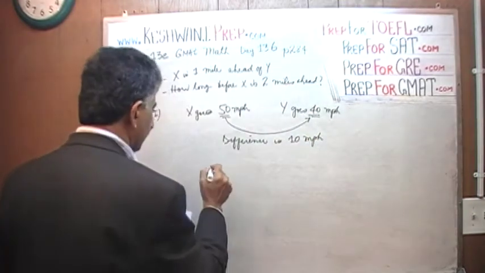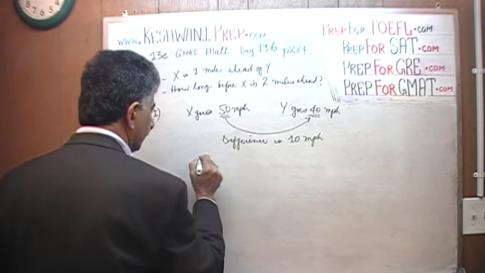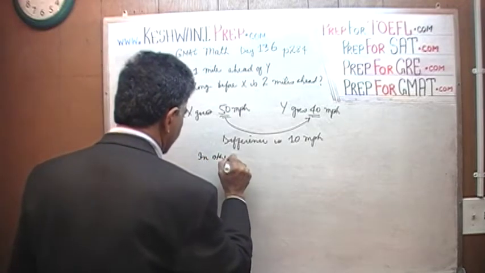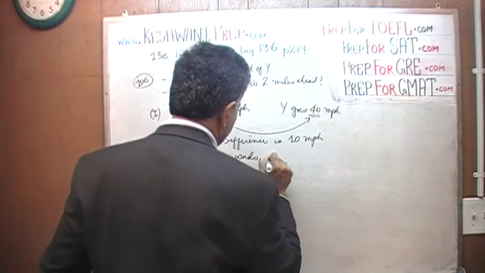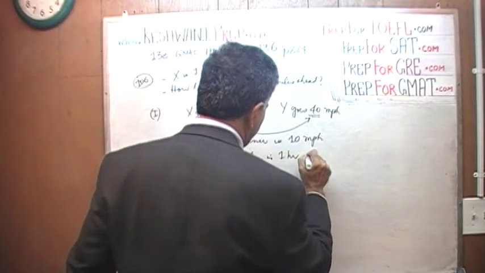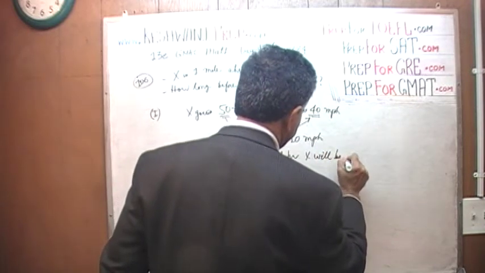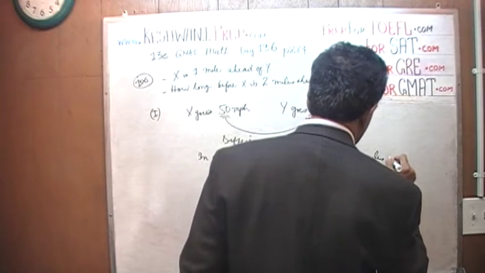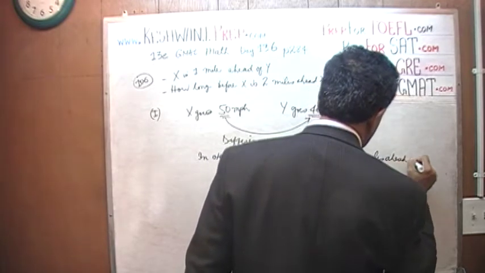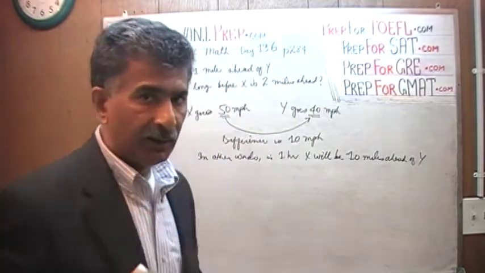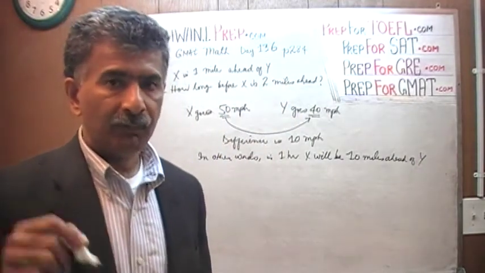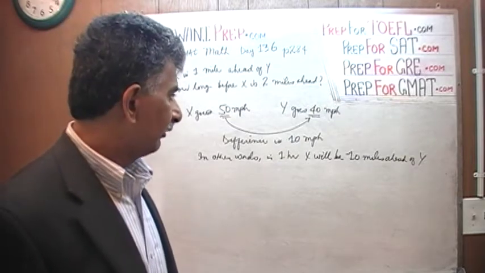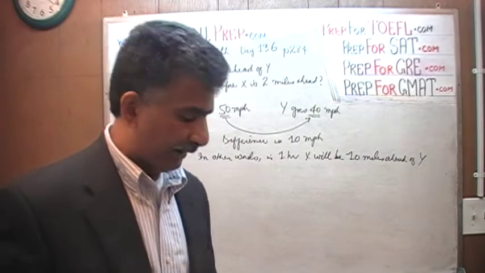In other words, in 1 hour, x will be 10 miles ahead of y. So wherever the x and y are at a given point, an hour from now, x will add another 10 miles to its lead.